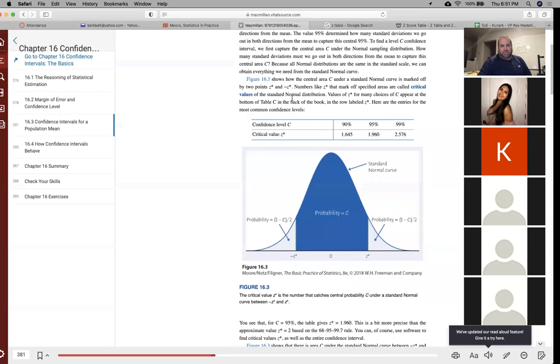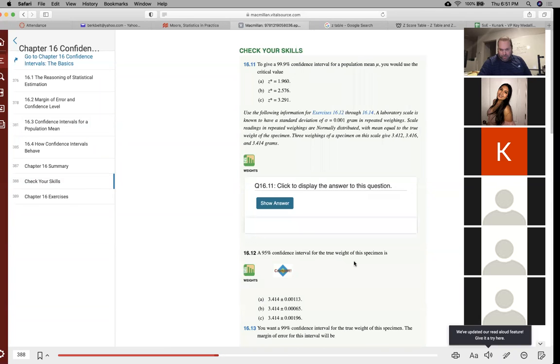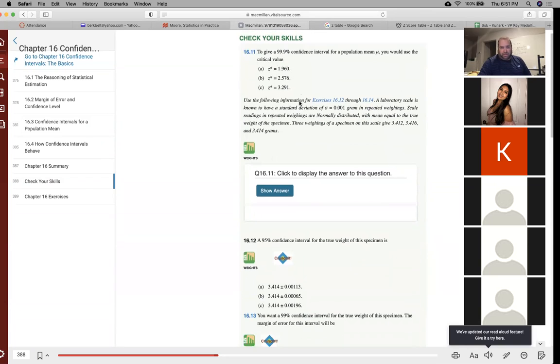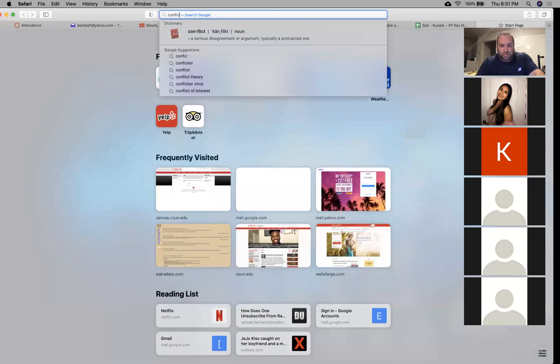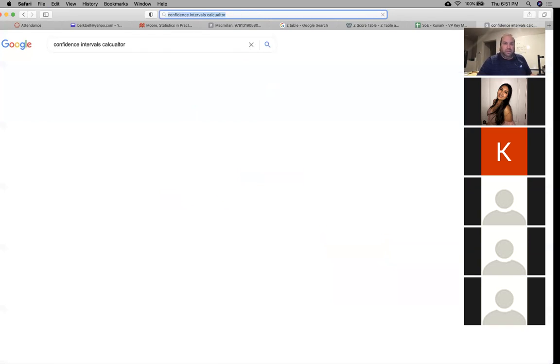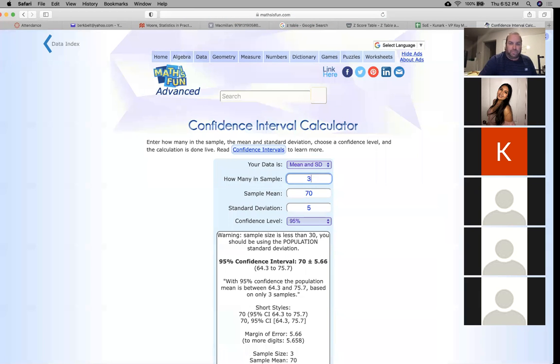Now, someone said, can I do it on something other than Crunch It? Oh, because you don't have access to Crunch It. So let's take a look. This would be a confidence interval calculator. How many in sample? We had 3.